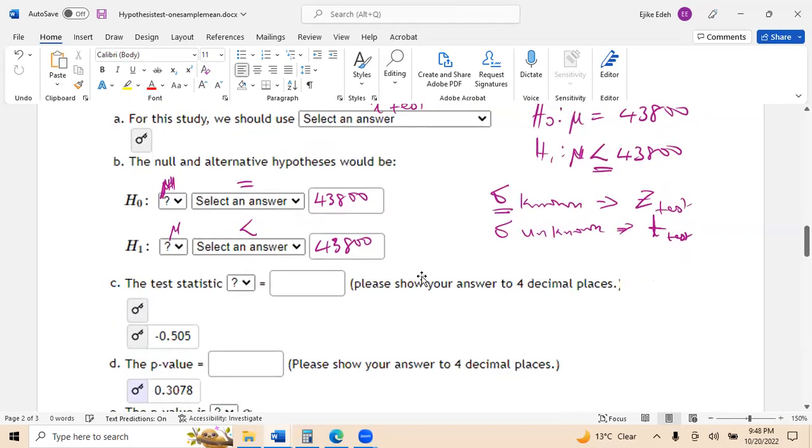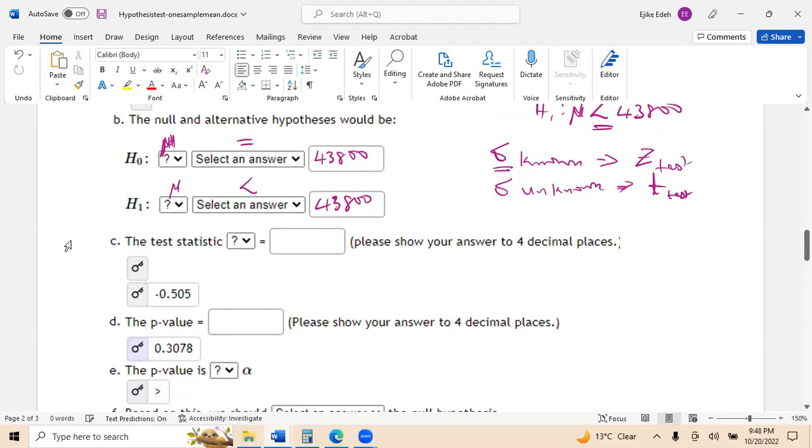We go to question C. Question C says, what is the test statistic? Because we agree we're going to use t, it is given as the sample mean minus the population mean, divided by the sample standard deviation over the square root of n. Fortunately, we have all these values, unlike the first question where we had to work them out.